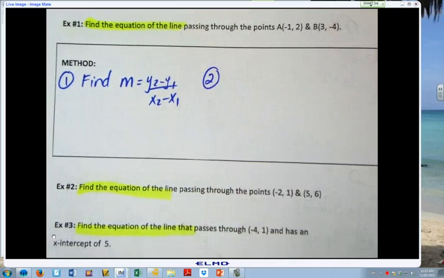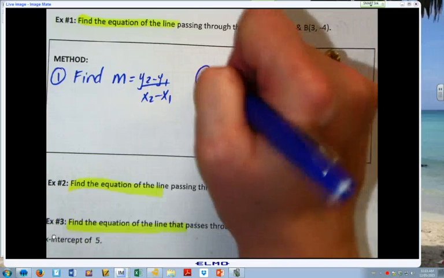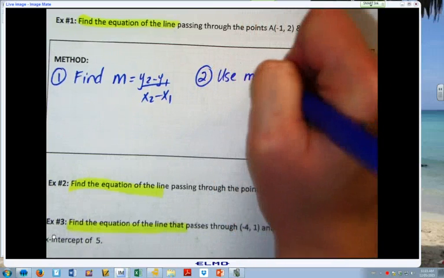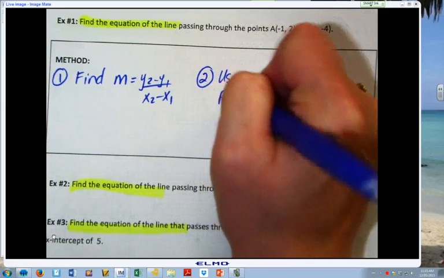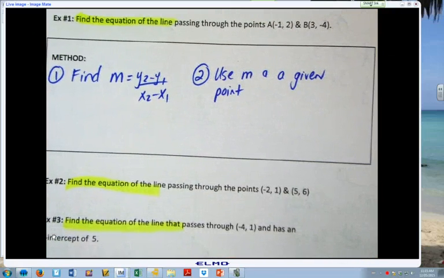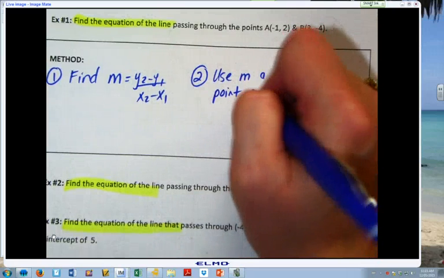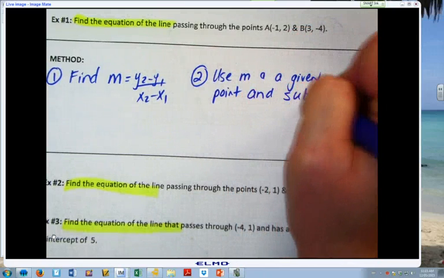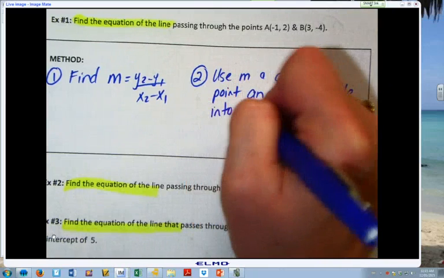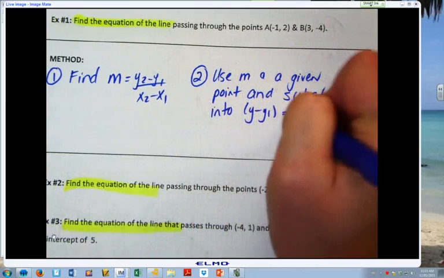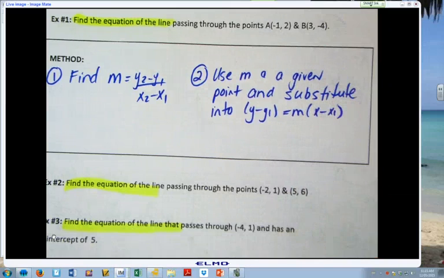Step 2, I'm putting right beside: use m and a given point, and substitute into y minus y1 equals m times x minus x1.